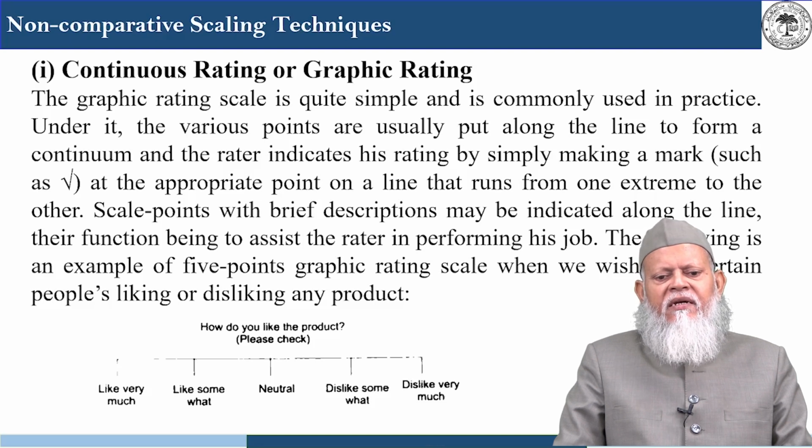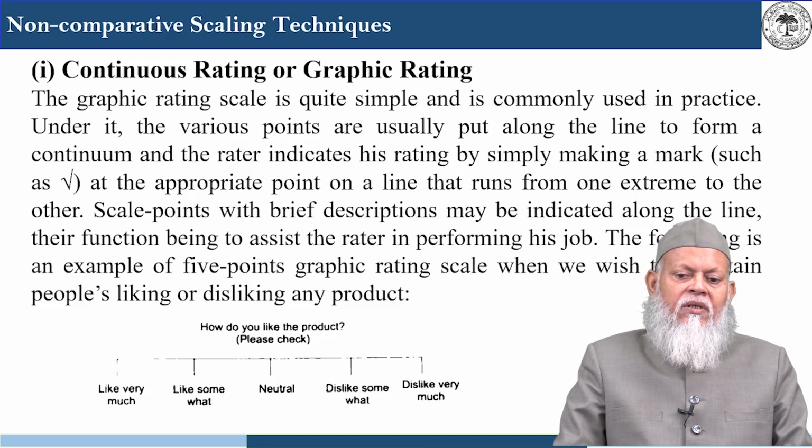So what we find is that the scale is a continuous process. It is a continuum. It begins from the maximum, then comes to the next, then comes to the middle, and then again declines to the next, and then comes down to the lowest.